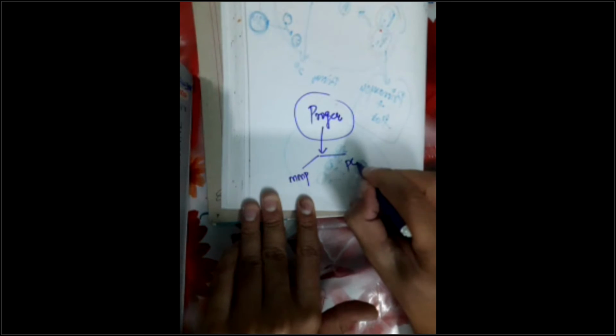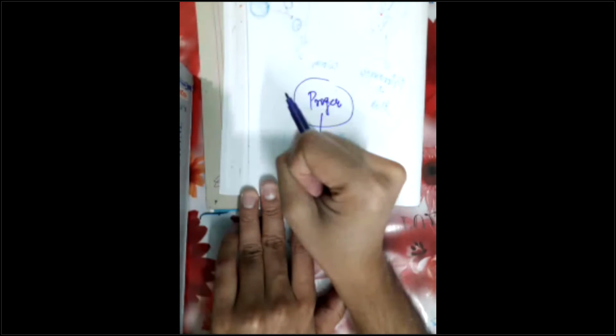And the other is prostaglandins. What will they do? They will cause vasoconstriction. If there is vasoconstriction, blood supply to the endometrium will not be there. That is why the endometrium will shed off. And due to this vasoconstriction, females get pain during menstruation.